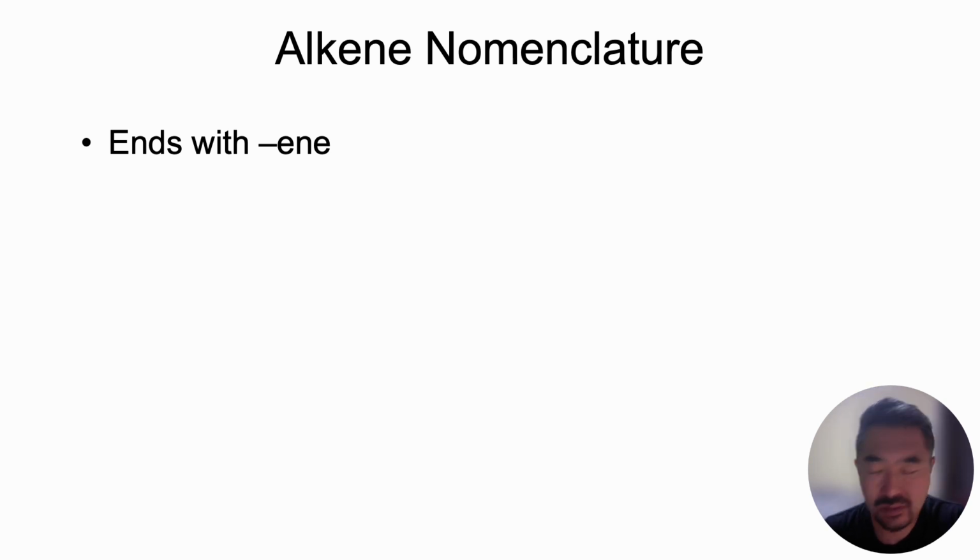First thing though, I do want to go over the nomenclature with you on this, because unlike the last nomenclature stuff we talked about with alcohols, which was hopefully fairly straightforward, this is slightly more involved, so it's worthwhile to use some lecture video time to go over this.